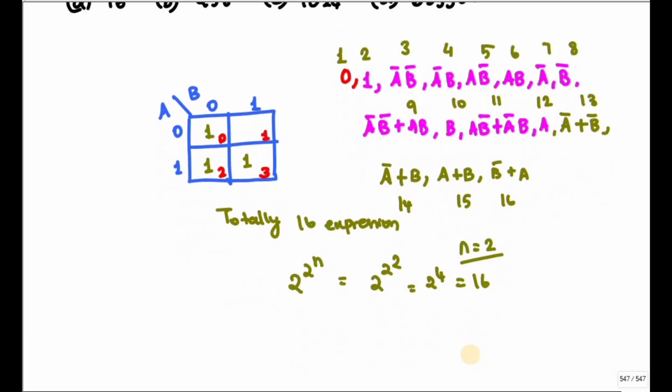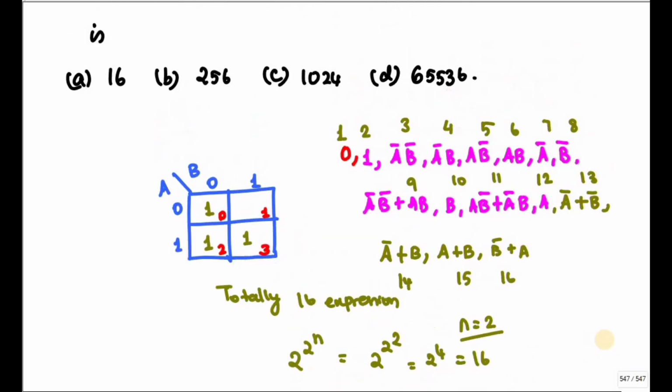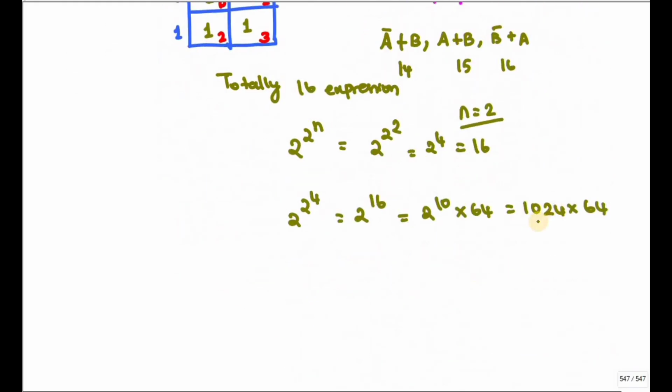So here they asked about 4 variables. So 2 power 2 power 4, that is nothing but 2 power 16. That is nothing but 2 power 10 into 64. 2 power 10 is 1024, into 64. If I multiply, I'll get the answer as 65536.